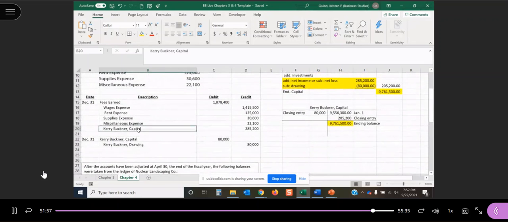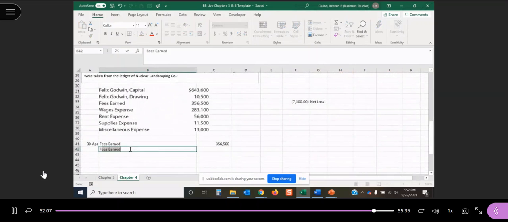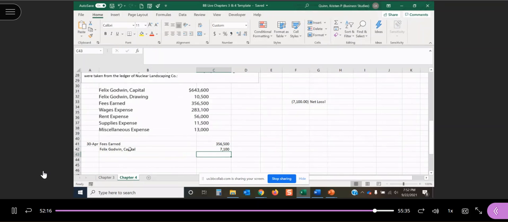Back here, we increased her capital account because it was a net income. But remember, if it's a net loss, it's going to reduce her value or his value. So we are going to debit Felix Godwin capital for that $7,100. We don't put in a minus sign because we know that the debit is automatically going to reduce that capital.